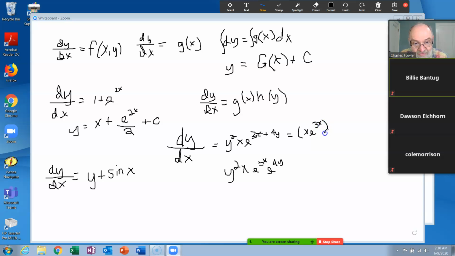The second function would be y squared e to the 4y.